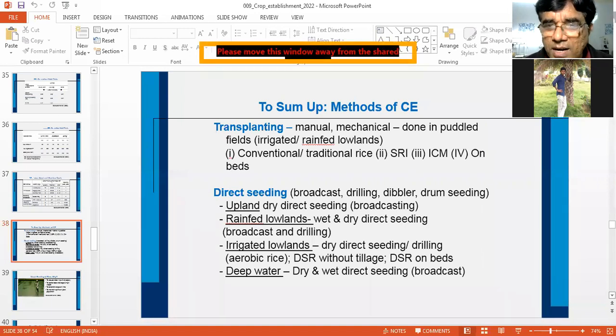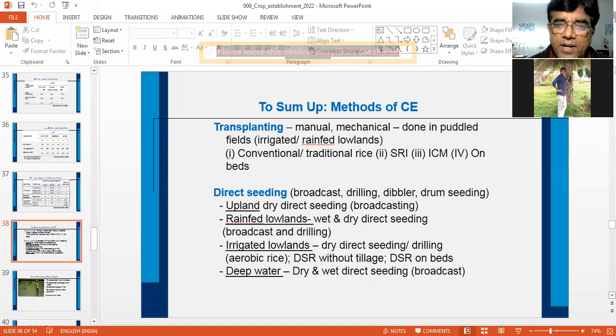Under irrigated lowlands, you can go for dry direct seeding or drilling. Aerobic rice, DSR without tillage is also possible. Direct seeding under zero tillage conditions. And DSR on beds, direct seeding of rice on beds is also possible. And in deep water rice, you go for dry and wet direct seeding. So many direct seeding options are there, so you don't get much confused.